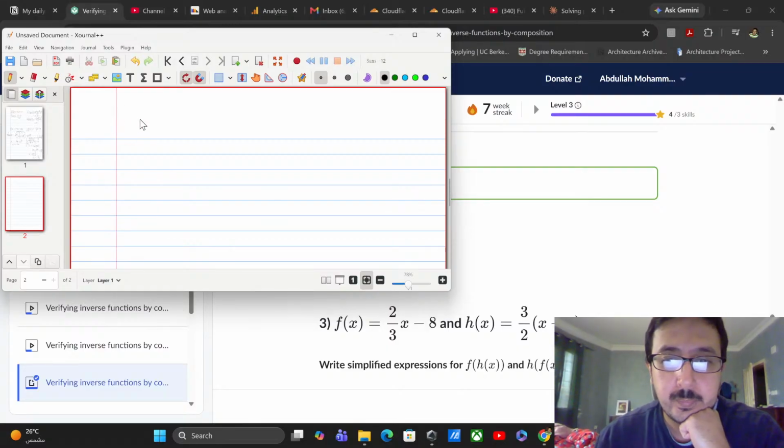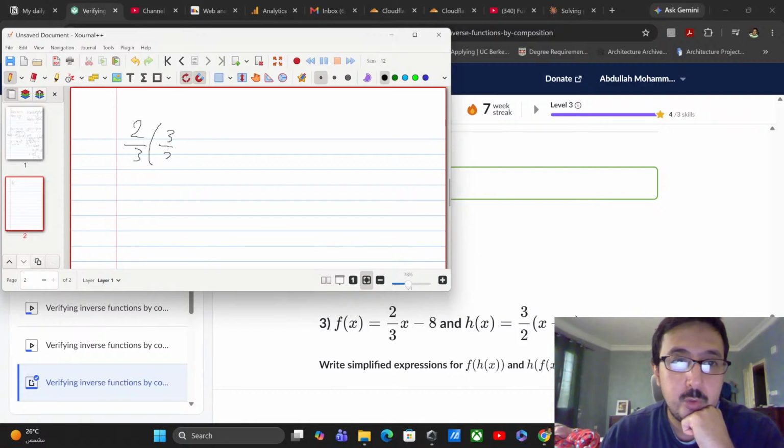I get f of h of x, so I got 2 over 3, and here I'm going to plug in h of x, which is 3 over 2 multiplied by x plus 8, minus 8. So it's an x.